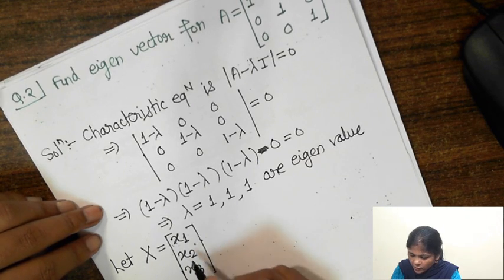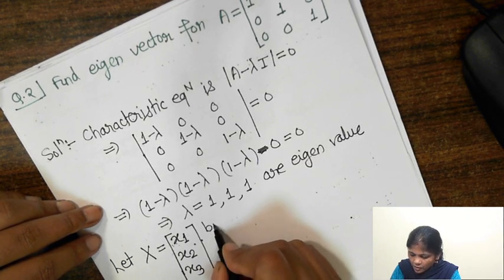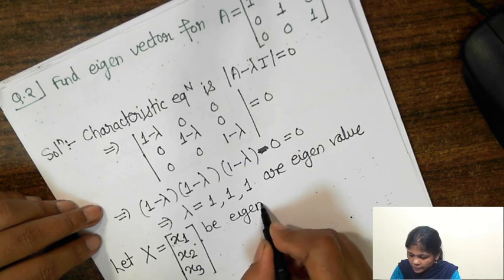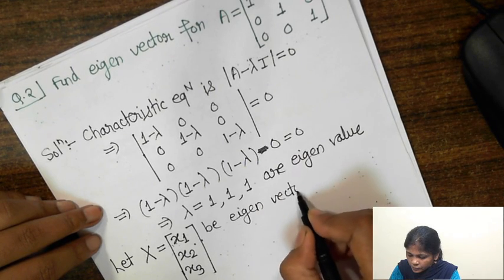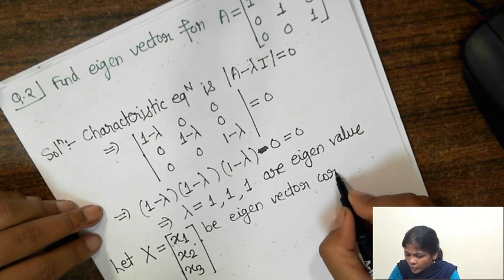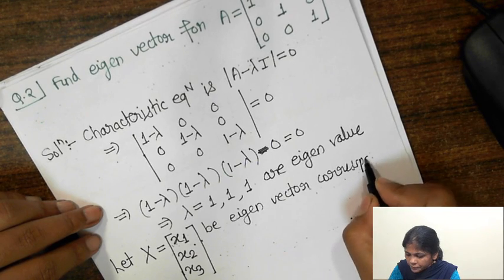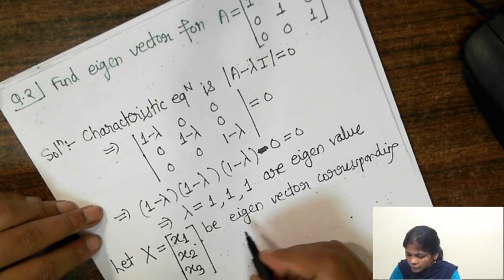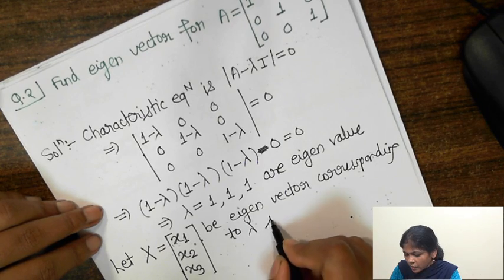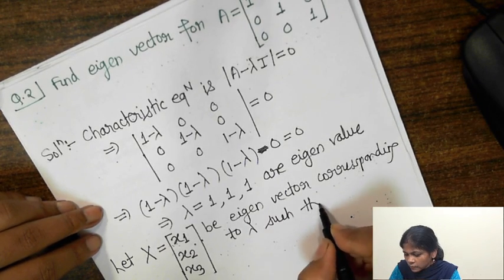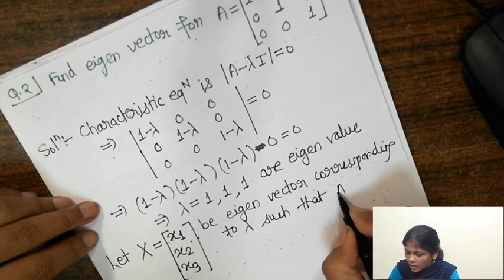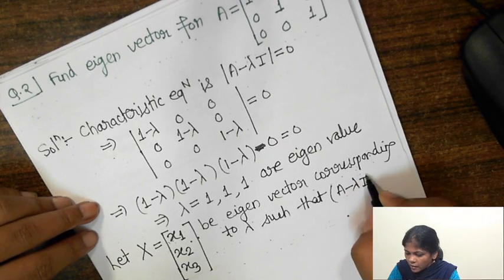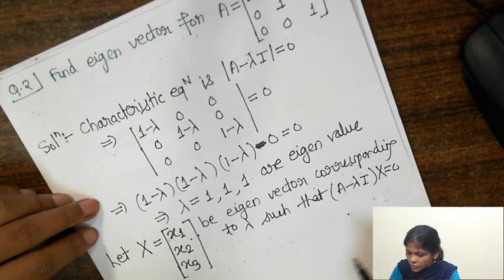Let x equal to x1, x2, x3 be the eigenvector corresponding to lambda such that A minus lambda I times x is equal to 0.